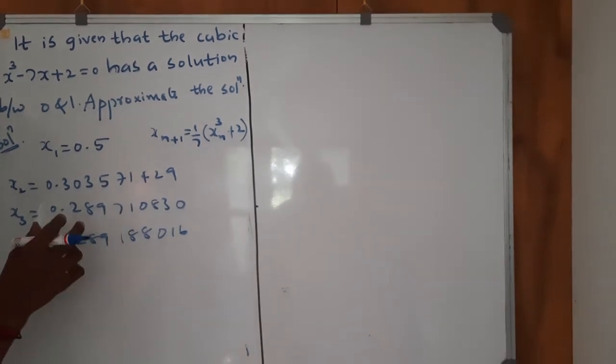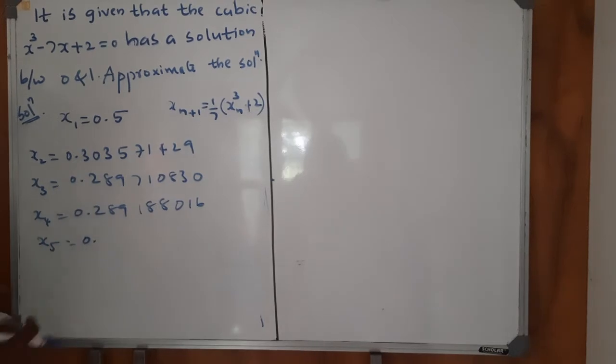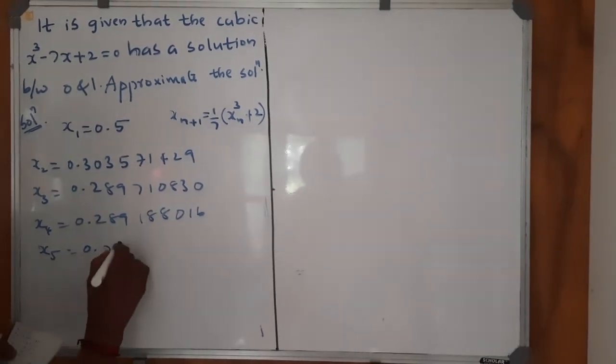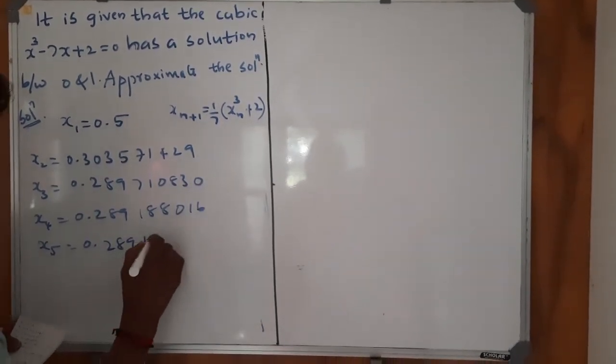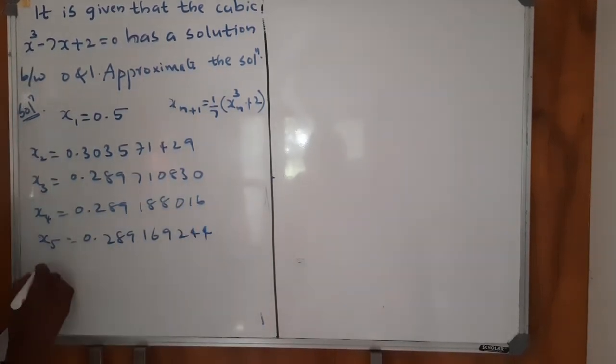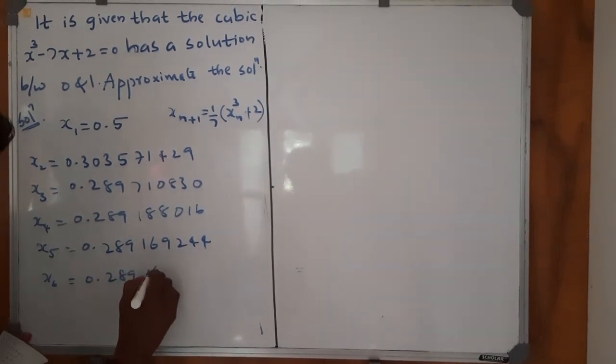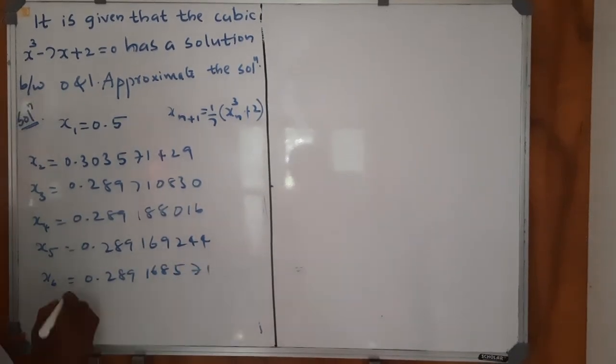So let us observe that the first three decimals are already fixed. x5 is equal to 0.289169244. x6 is equal to 0.289168571, and so on.